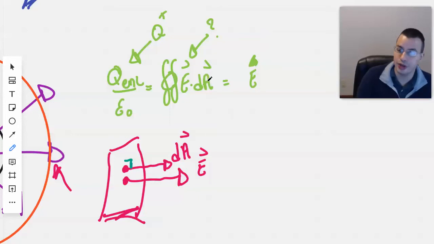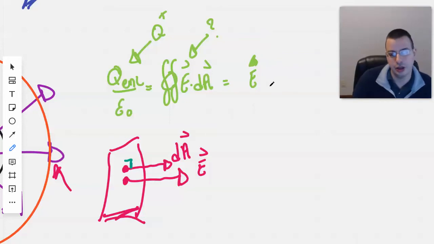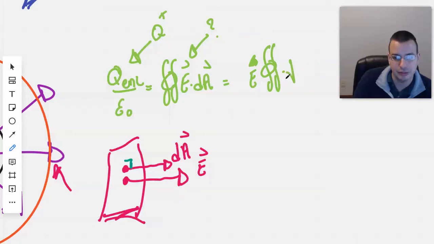We're going to get rid of the vector lines at this point and move back to its magnitude, because we already know that the dot product will be 1 at every point because the electric field is parallel. I probably shouldn't have that dot there. Ignore that dot. Integral of dA.